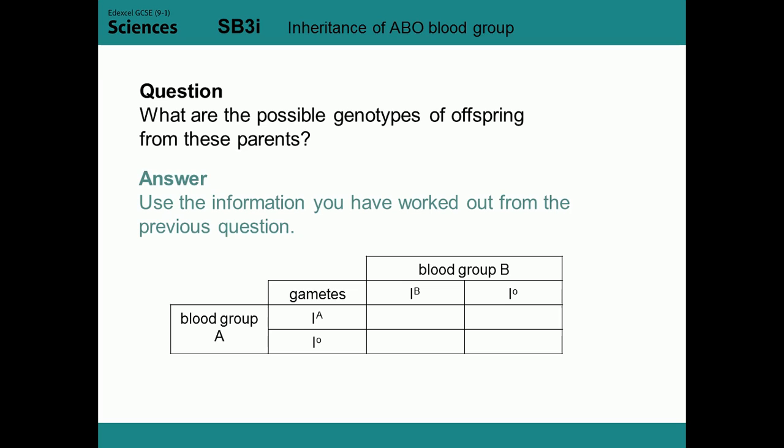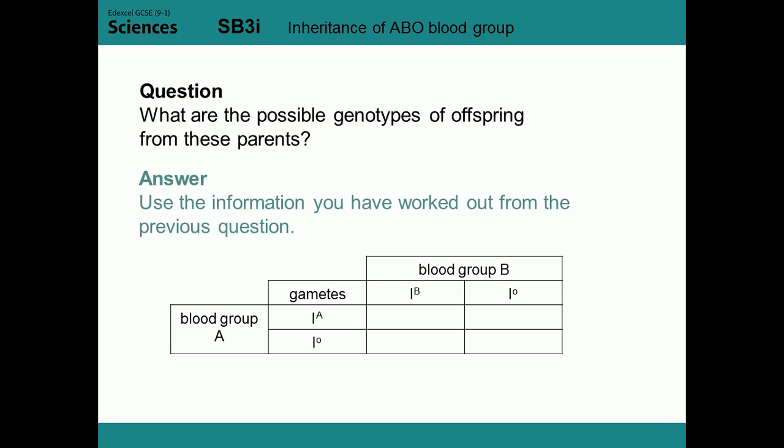For instance, if there are 2 individuals, person 1 has blood group A and is heterozygous, and person 2 is blood group B and is heterozygous, that means their gametes will contain IA or IO for the person with blood group A, and the person with blood group B, their gametes will contain IB or IO.